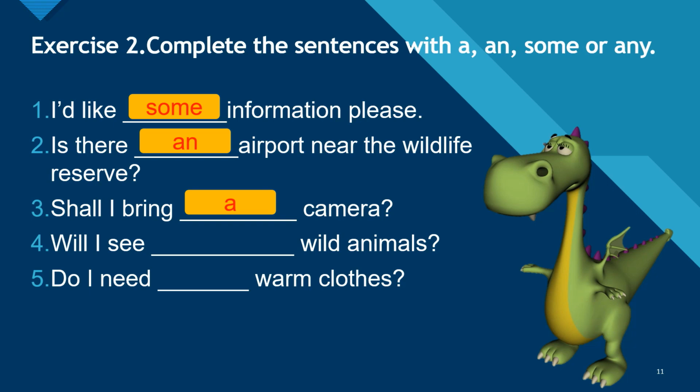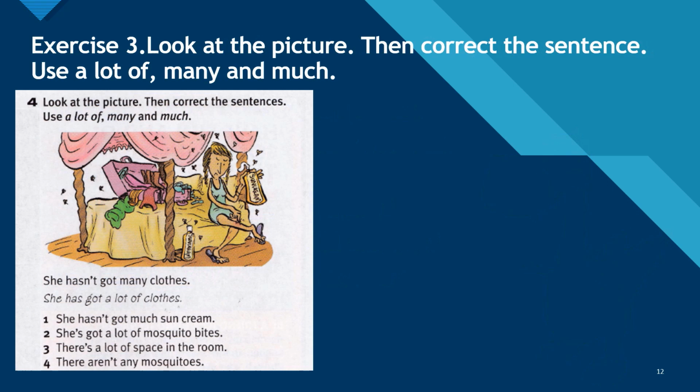So we have only any for the answers because we don't use some with questions. Okay, next is number 5. Do I need warm clothes? Warm clothes. Okay, here also is a question, and clothes is in plural. So we use any.